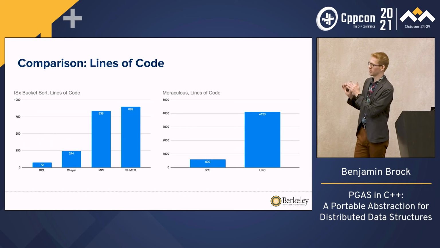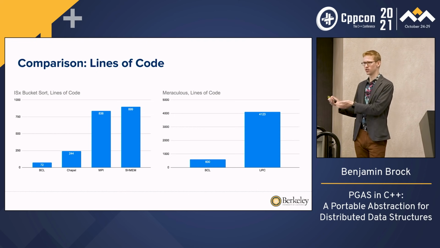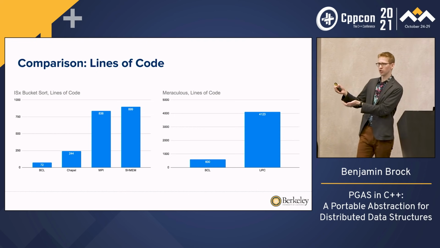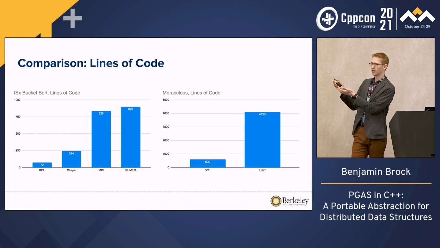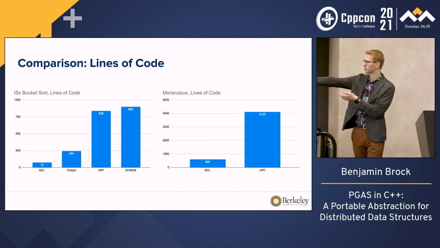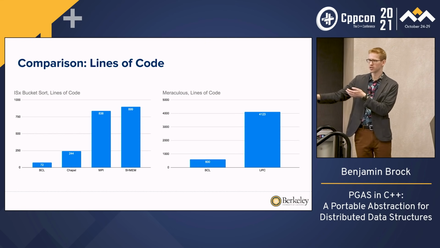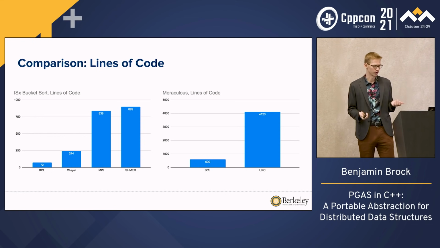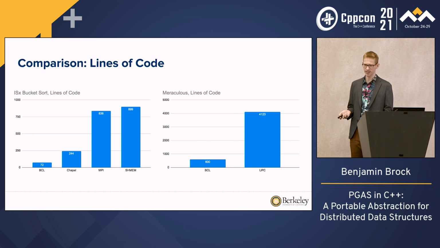If you look at the number of lines of code, obviously we've taken something very low level, which includes a custom implementation of a hash table over here on the right, and replaced it with something that uses high-level C++ data structures, so it's much more concise.